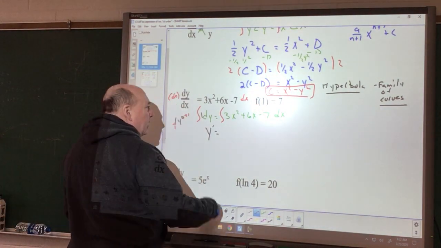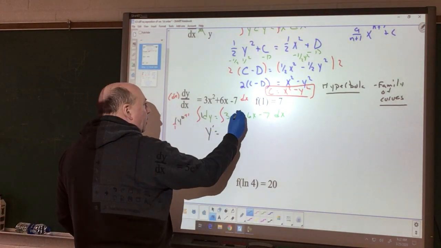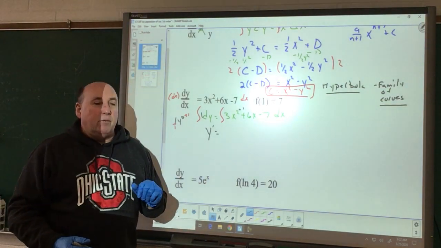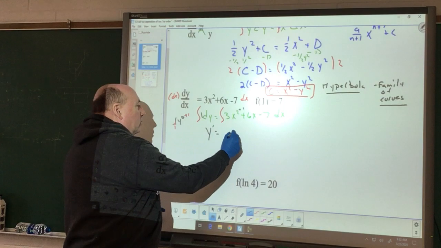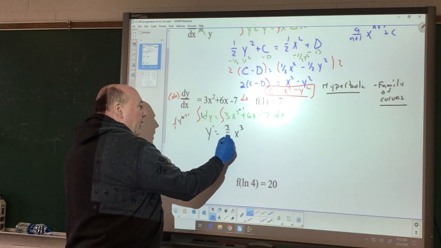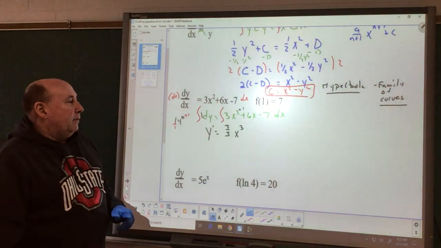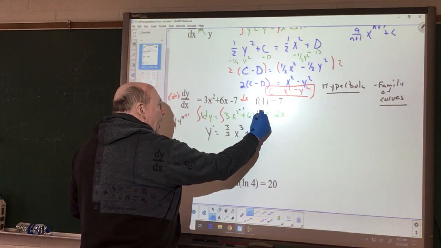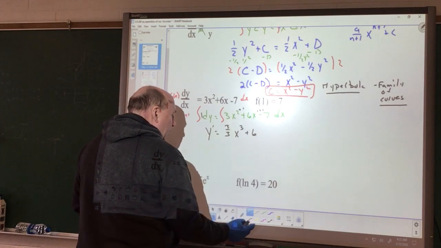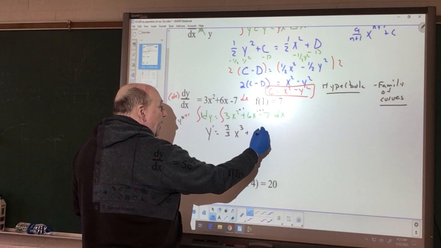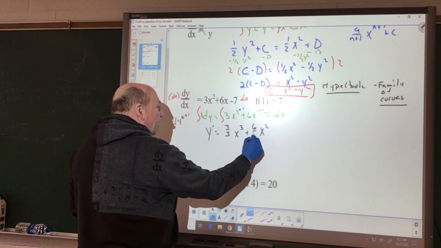On the right-hand side, it's a little bit different story. I'm going to add 1, and this is going to turn out nicely for us. So my new exponent is going to be x cubed. I'm going to take 3 and divide it by 3. I have a 1 here plus 6. I'm going to add 1. I'm going to get an x squared, and I'm going to take my 6 and divide by 2.